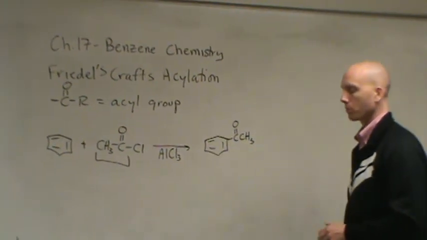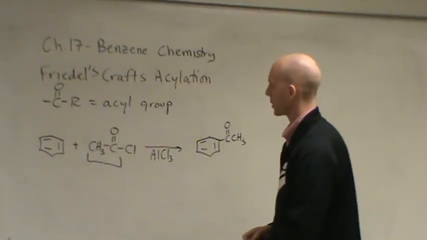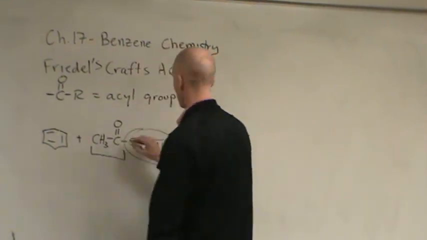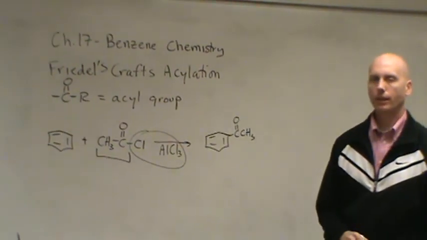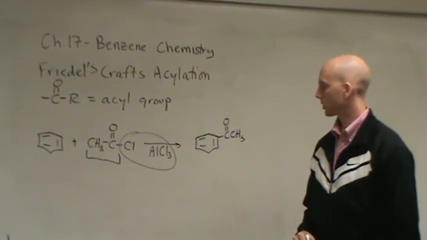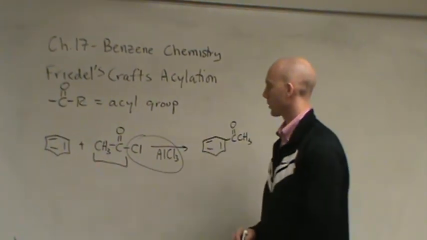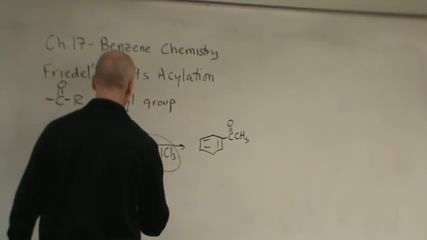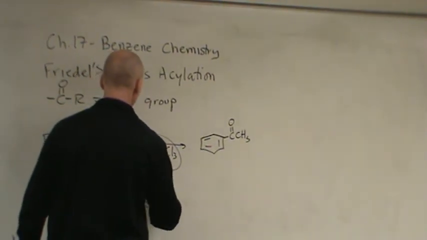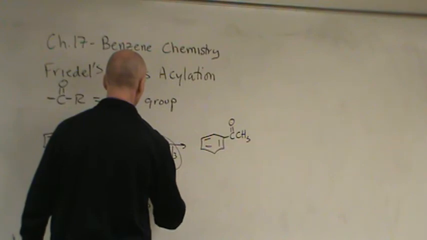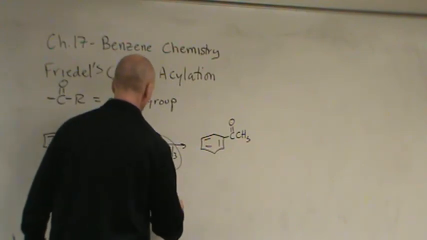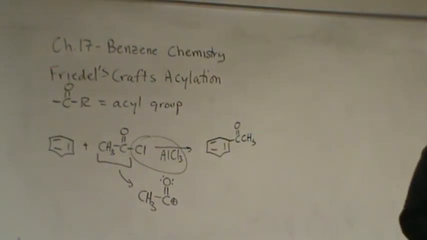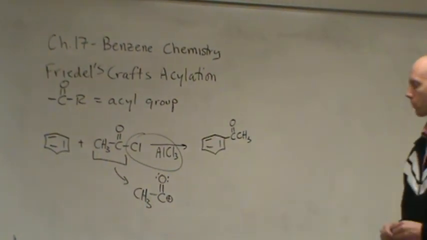The mechanism is basically the same as in the Friedel Crafts alkylation, in that the AlCl3 pulls off the chlorine, and we get this positive charge on the carbonyl.